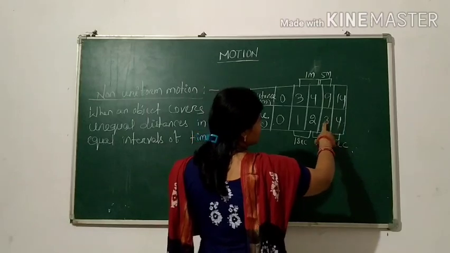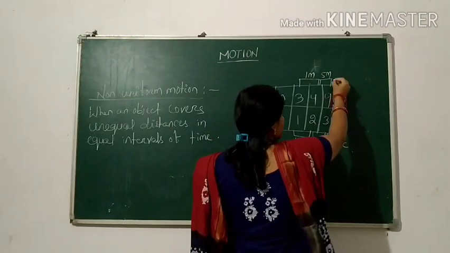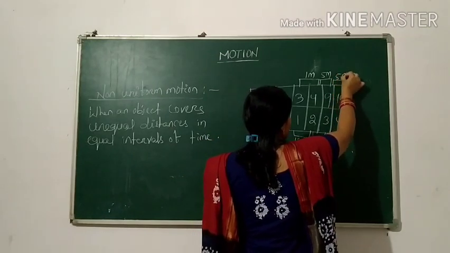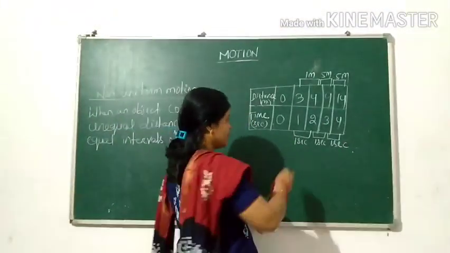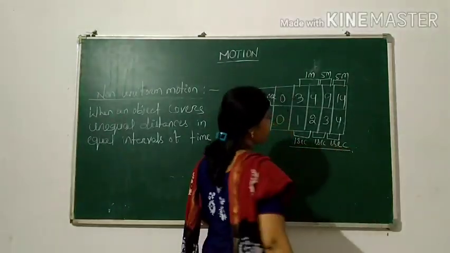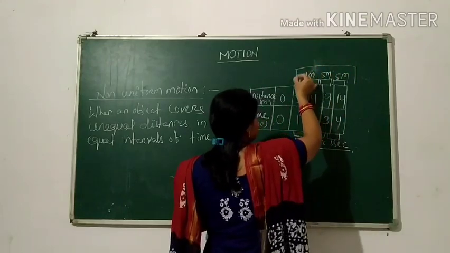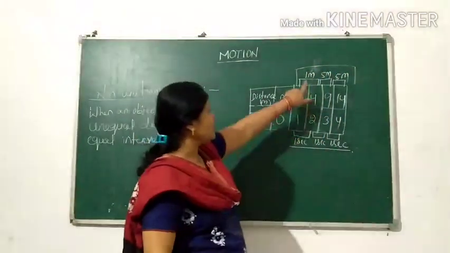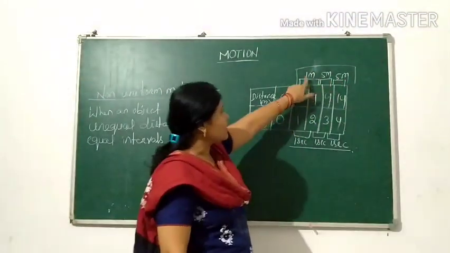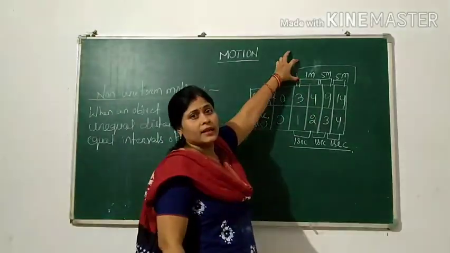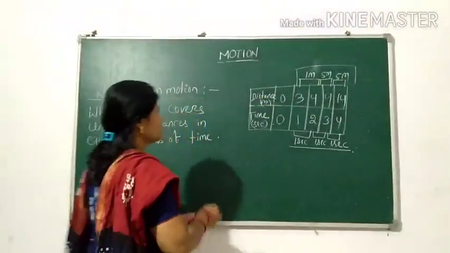Then from 3 to 4, the time interval is 1 second, but the distance traveled is 5 meter. So look at here. Time intervals are the same, but this time you are not getting the same distance. Here you are getting 1 meter, here 5 meter, here 5 meter. That means speed differs. Here is motion with different speed.